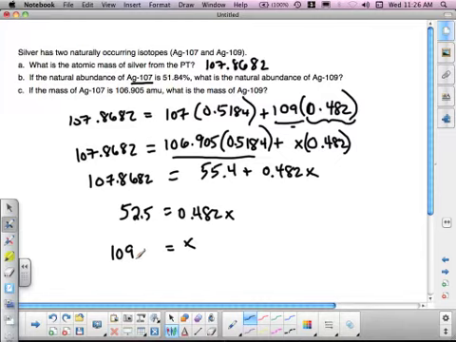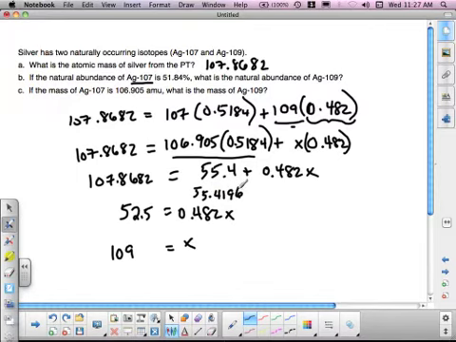I've just found how to fix it. All right, so I'm going to do it again. 106.905 times 0.5184. There we go. All right, so I'm going to write this down here, 55.4196.